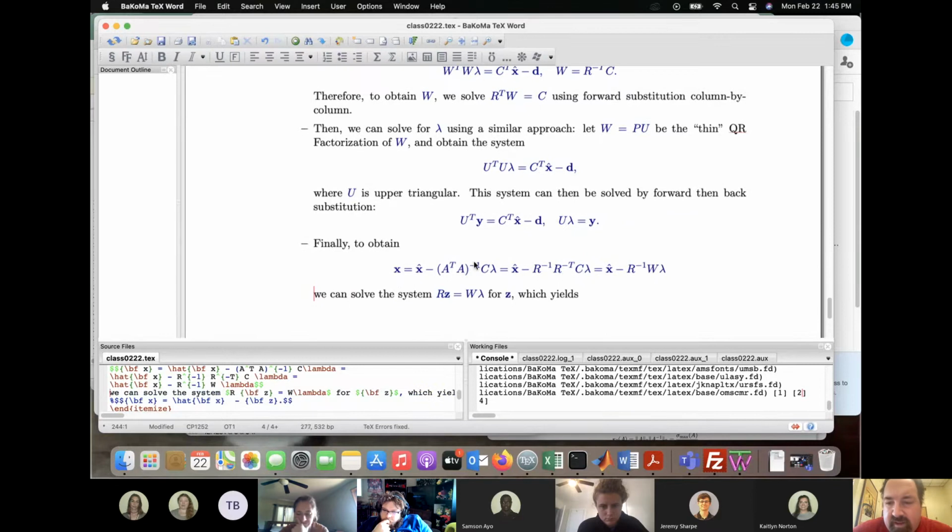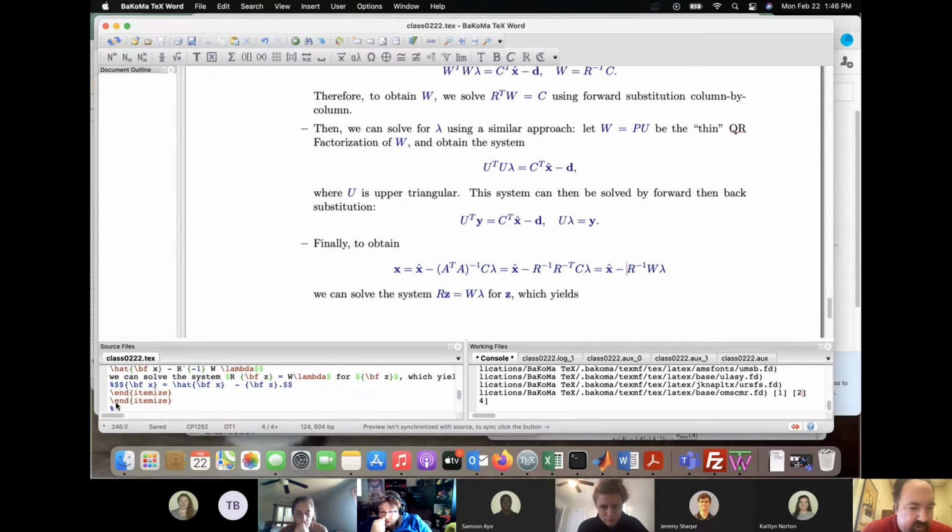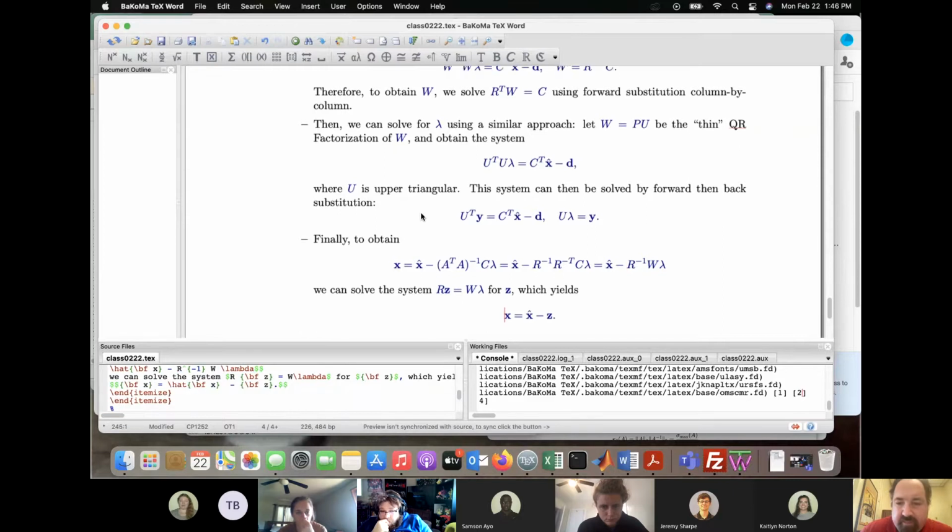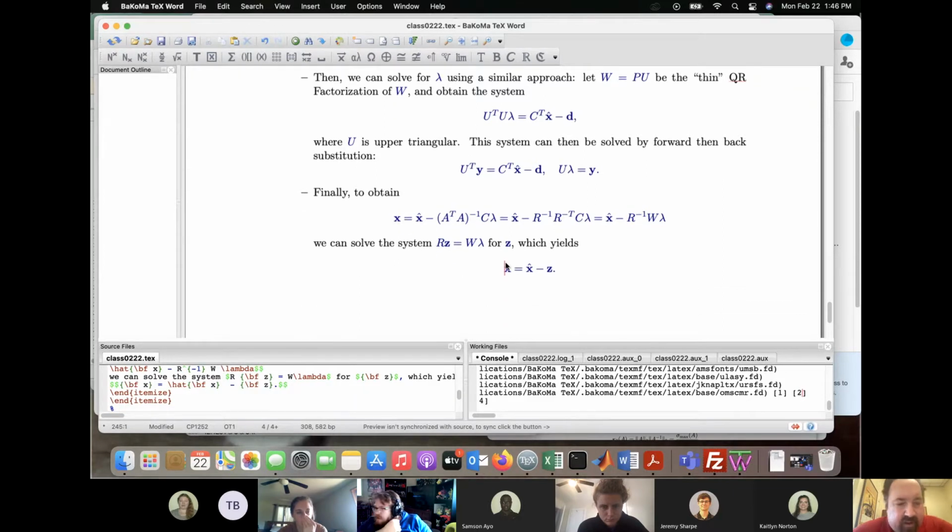So I can compute W lambda, that's a vector, and then solve this system to get this expression right here. And now I'm done. And I have my constrained least squares solution.